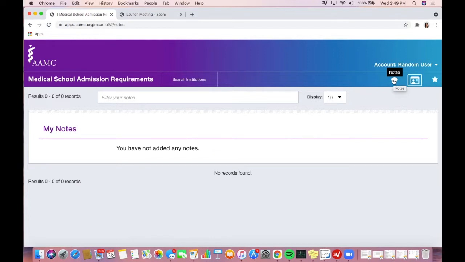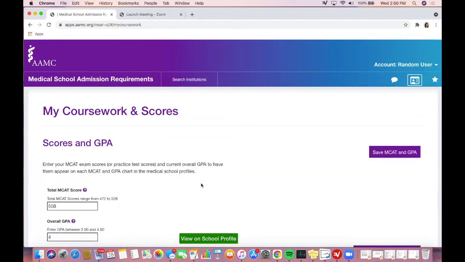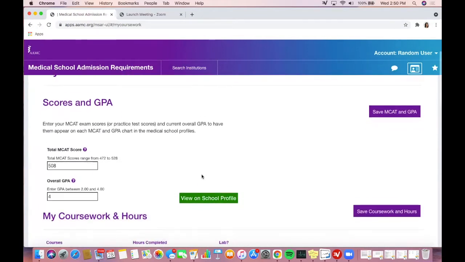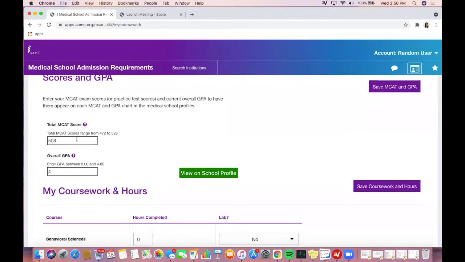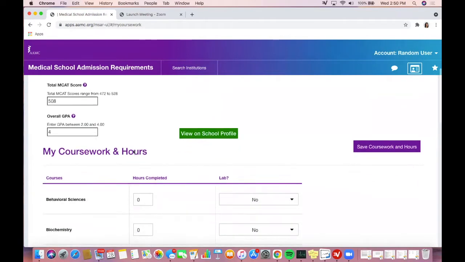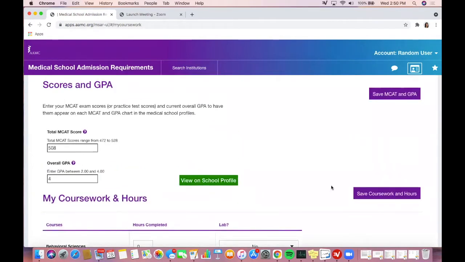On this little index icon right here, you can enter your coursework, and you can also enter your scores. So for the sake of this example, I entered an MCAT of 508 and a GPA of 4.0. When you enter this information, you can then save your coursework and your data.